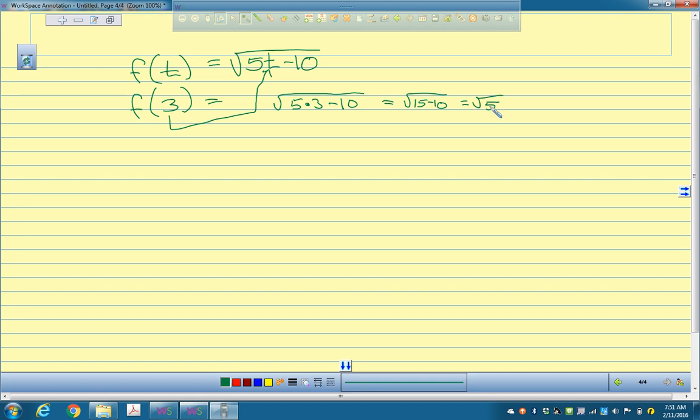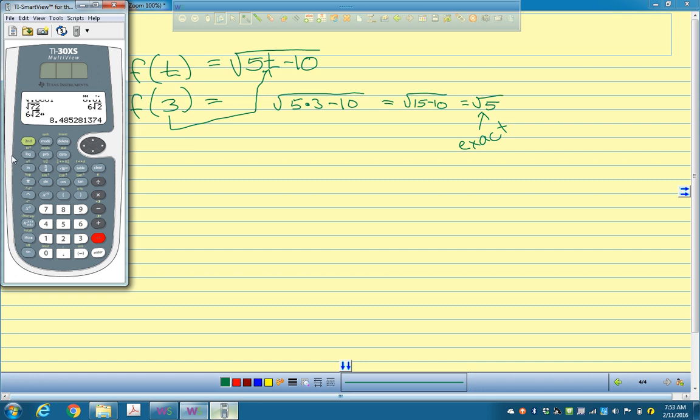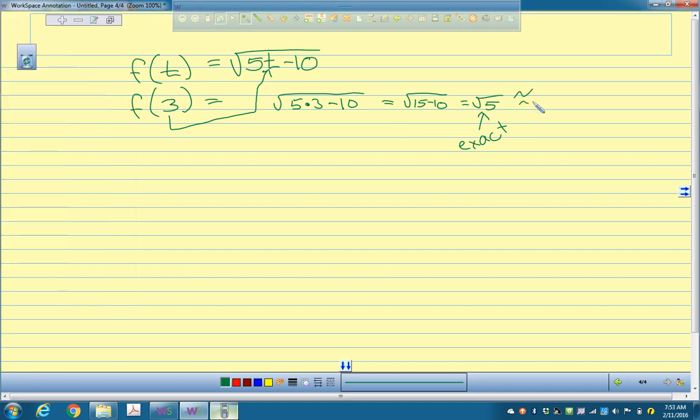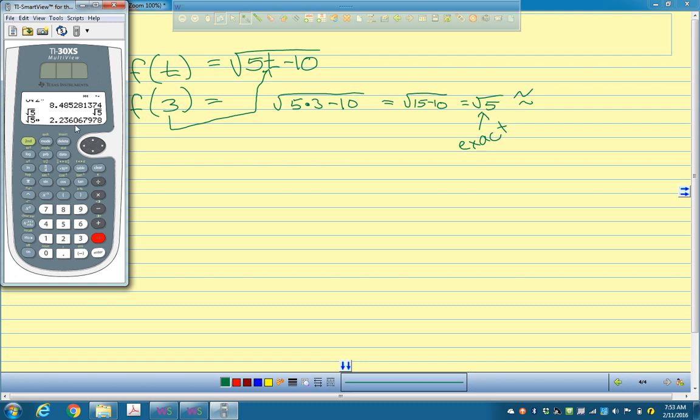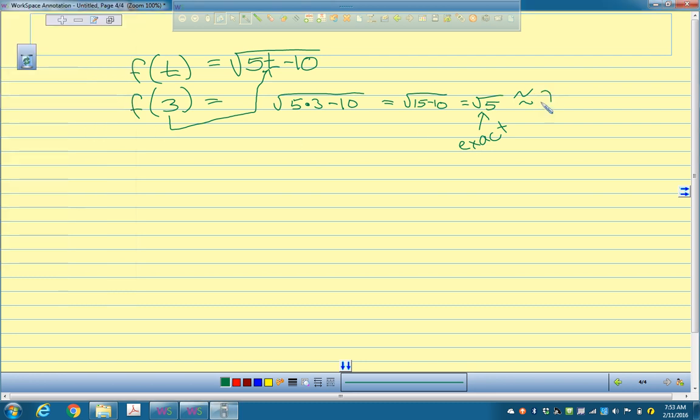And if they say, this is called an exact answer. Exact. Okay? If you take your calculator and you take second square root of 5, that's approximately equal to 2.24 or something like that.